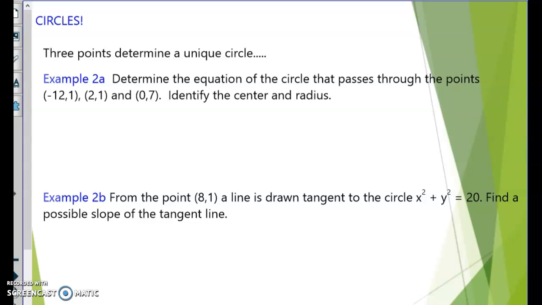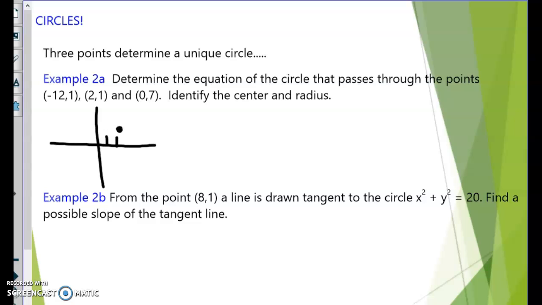Circles. Let's talk circles for a second. 3 points determine a unique circle. Determine the equation of a circle that passes through those points, and identify the center and radius. First thing I'm going to do is give myself a picture of what's going on.